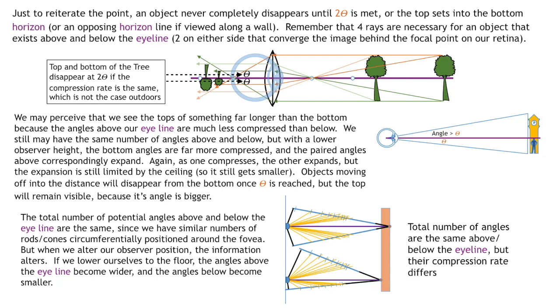You'll notice that the angles change size as you move the eye vertically. The angles above get wider and the angles below get smaller. Again, the total number of angles are the same above and below the eye line. We only have so many rods and cones, but their compression rate, as we get higher or lower against a tangible object, starts to differ.